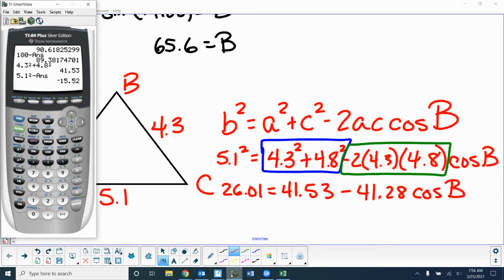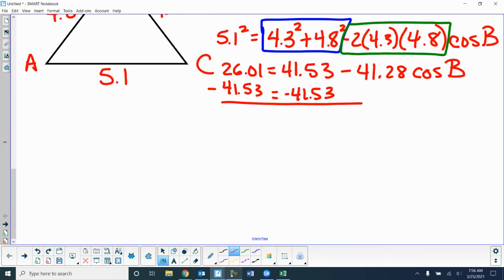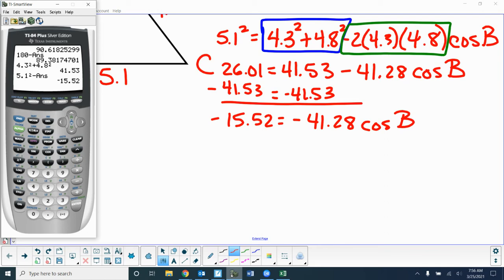When I subtract the 41.53, I get negative 15.52.